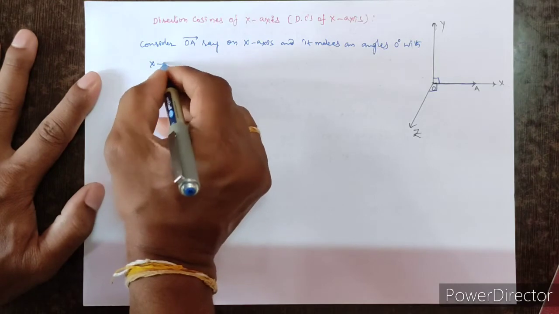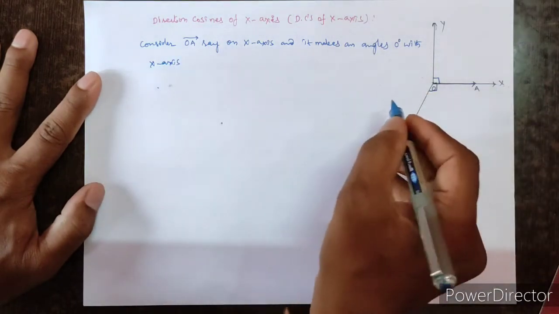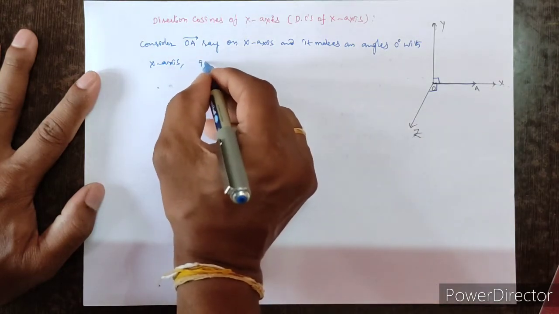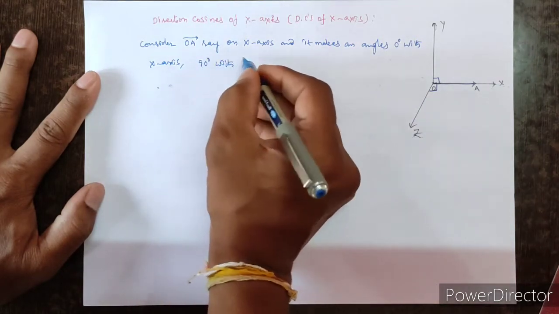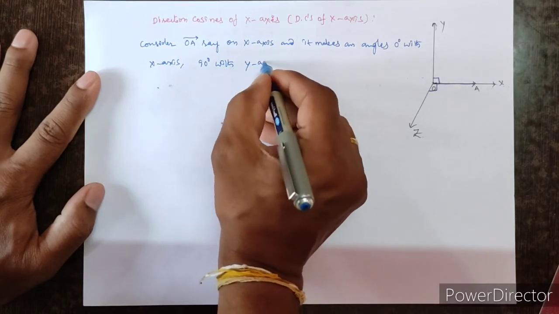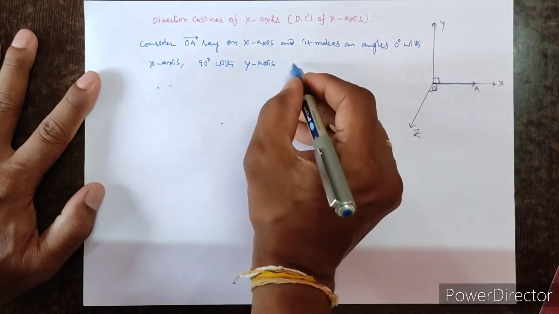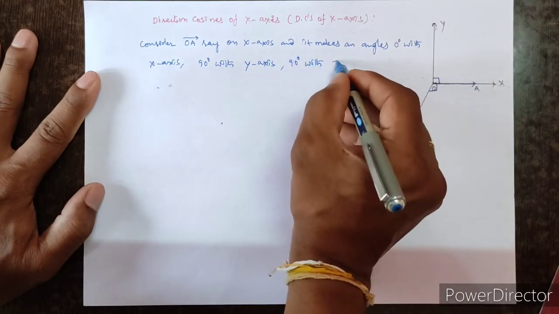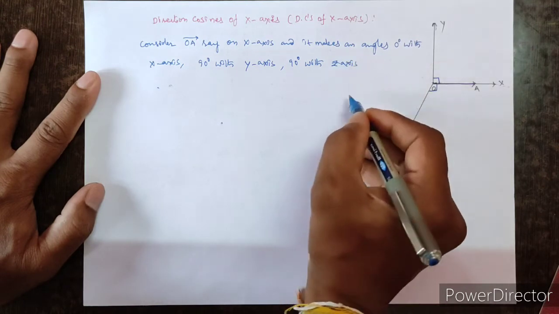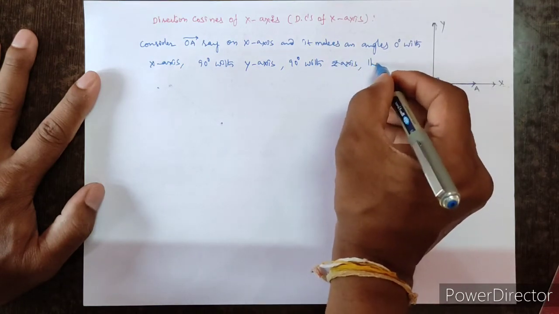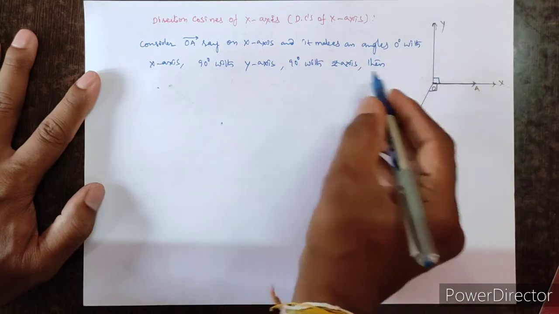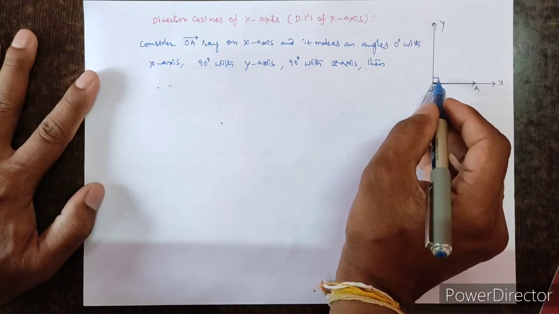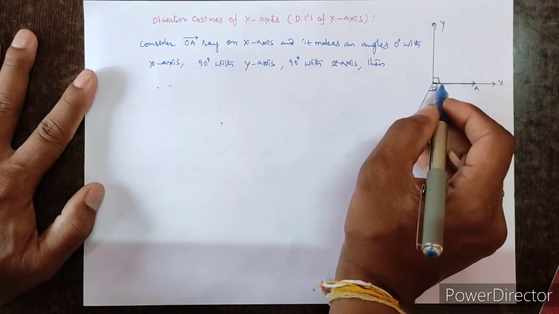The x-axis. Yes or no? On the x-axis. So 0 degrees with the x-axis, 90 degrees with the y-axis, 90 degrees with the z-axis. Then alpha is 0 degrees, beta is 90 degrees, and gamma is 90 degrees.